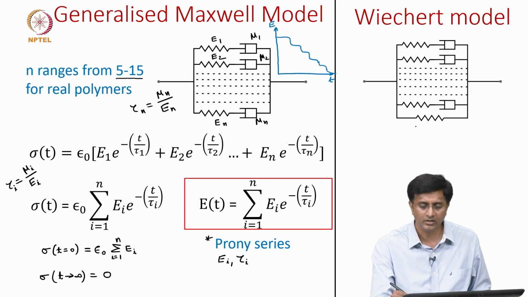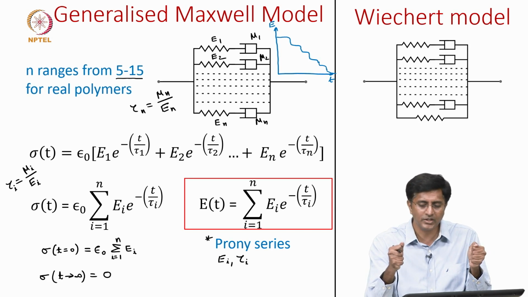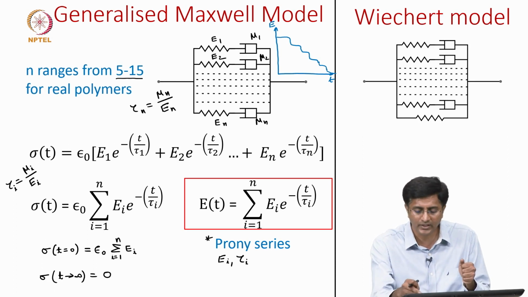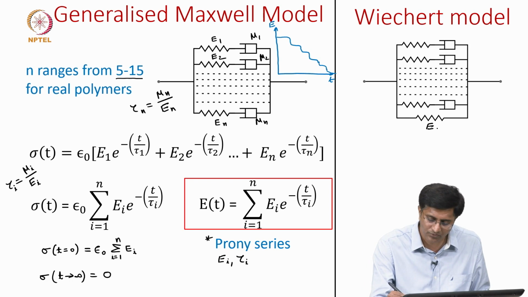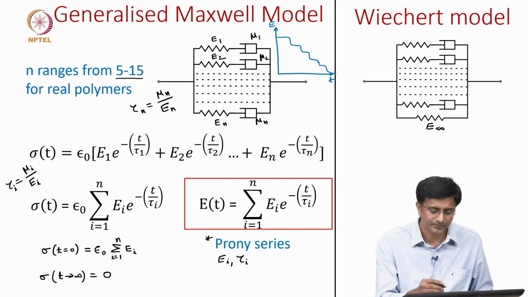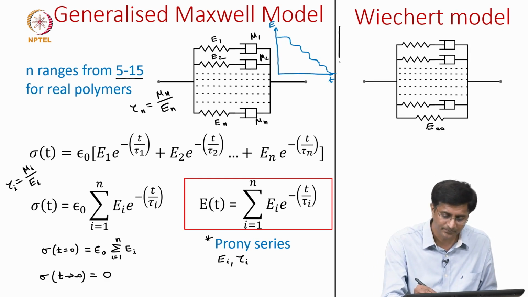This extra spring makes sure that when you apply a relaxation load, there is an instantaneous response, or the stress increases suddenly, but given longer times the other dampers relax and go to 0 stress. But this last one, represented as E infinity, keeps the stress constant, meaning that even if you wait for long times, the response is a non-zero modulus.